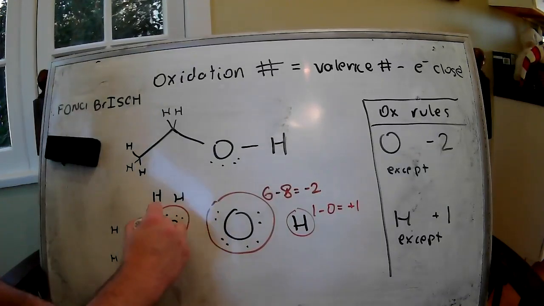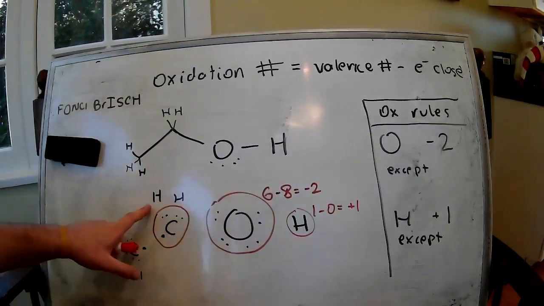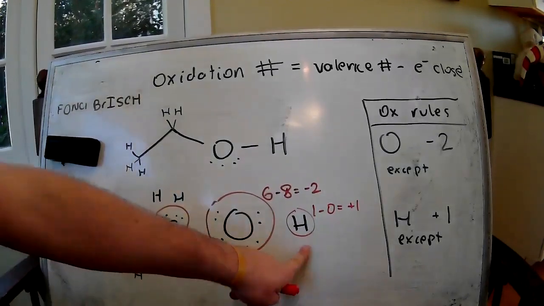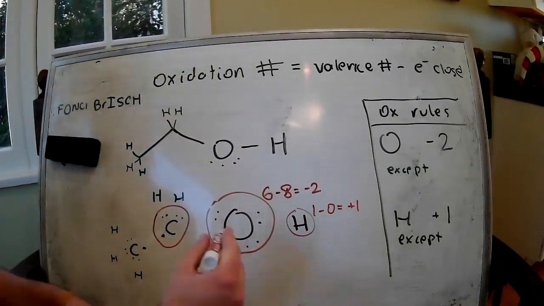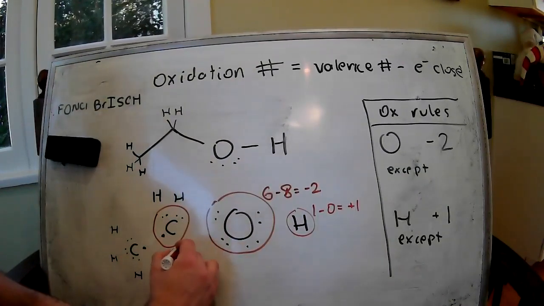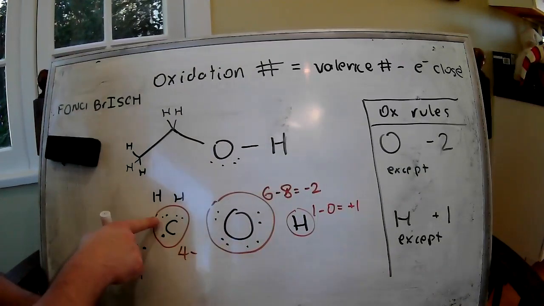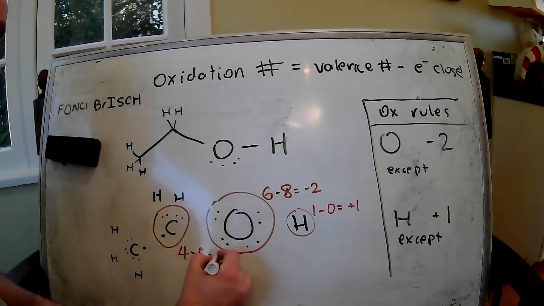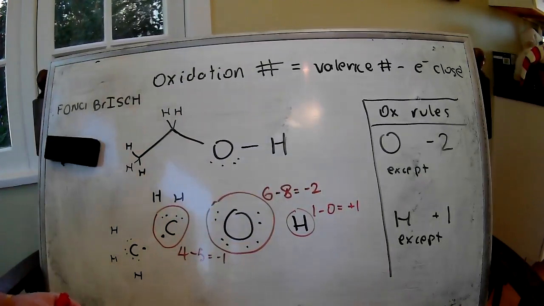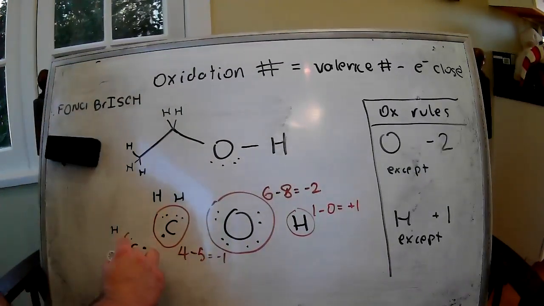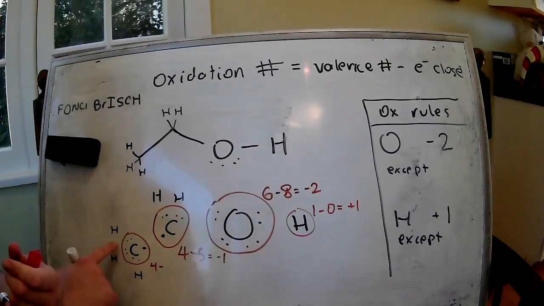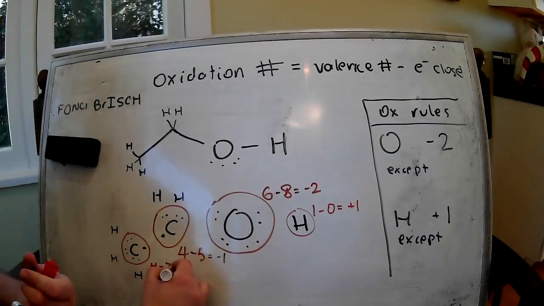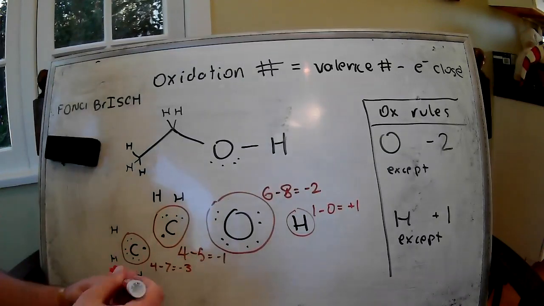You can see all these hydrogens are going to be +1, +1, +1, +1, +1, similar to our hydrogen over here. And then if we do our trick, carbon is in valence column 4. So we're going to do 4 minus, and then 1, 2, 3, 4, 5. We get -1. And then our other carbon over here is going to be 4 minus, and we got 1, 2, 3, 4, 5, 6, 7. So we get a -3.